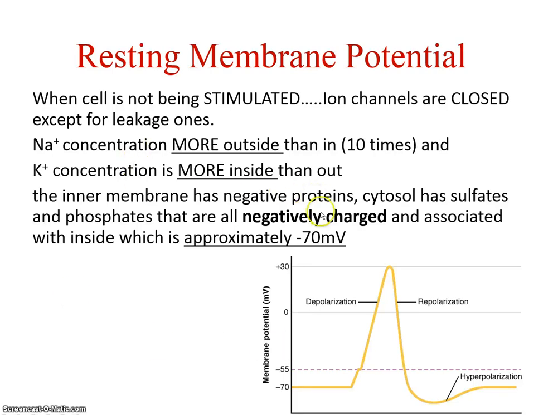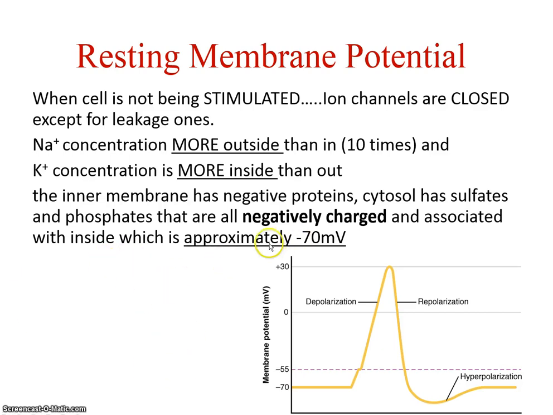So we were on this slide talking about this idea again of a negative charge relative. The outside is positive, inside is negative. The negative charge comes from proteins, sulfates and phosphates, which are inside and can't move outside.